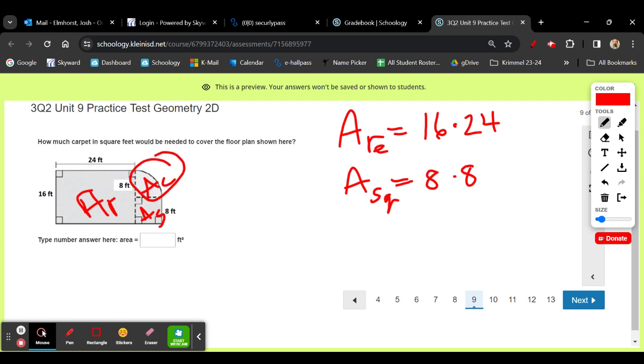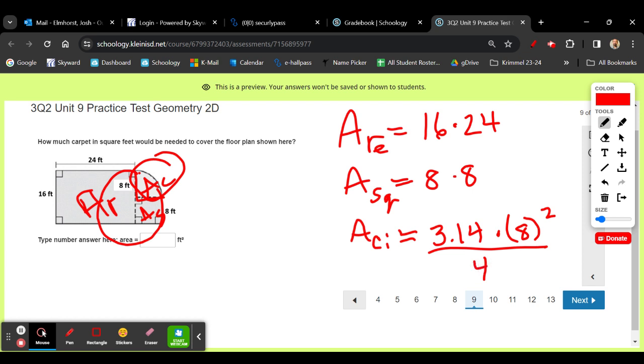And then the area of the circle is going to be 3.14, which is pi, times r squared. So it looks like the radius is 8, and that is only the corner of a circle. That's going to be divided by 4.